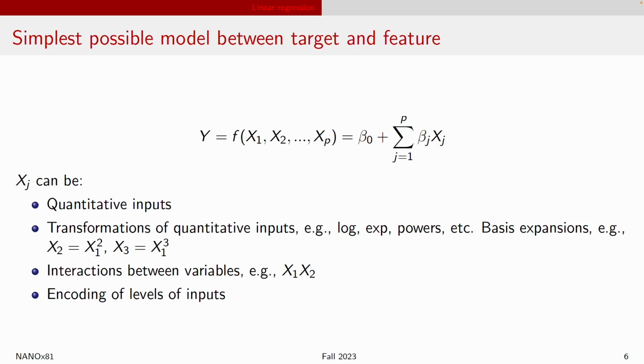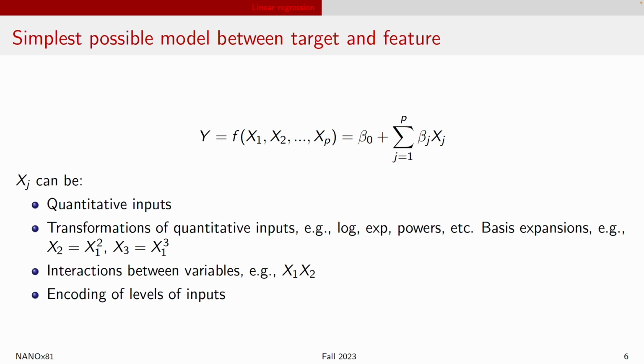The x of j can be just the direct quantitative inputs, for instance, the electronegativity. But it can also be transformations of quantitative inputs. For instance, I can take the log of a variable, I can take the exponent of a variable, I can raise that variable to some power, like x squared, x cubed, and I can also use basis expansions.